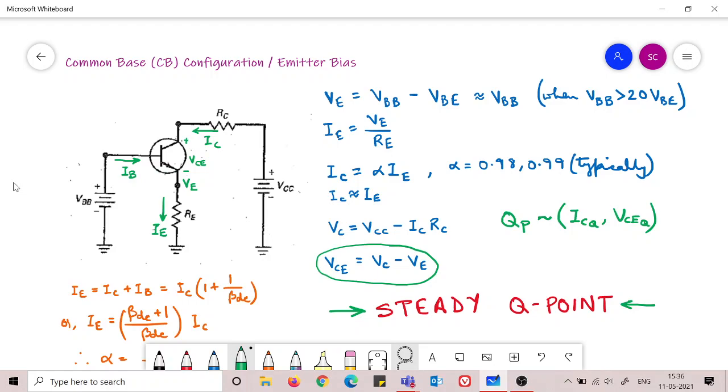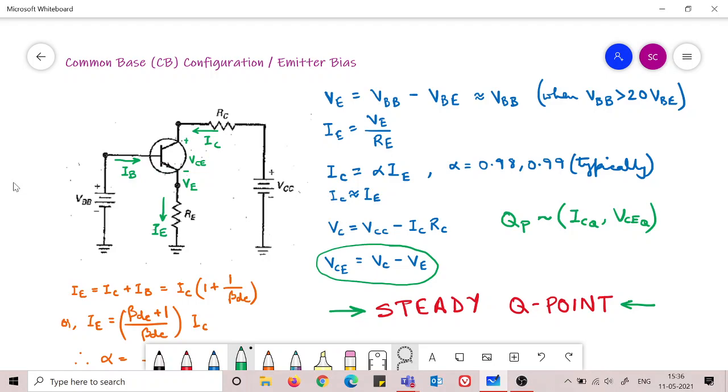Now you see whether, if I change the input, my IC is changing drastically or not. Previously IC was changing 50 times, the beta, right? IB times beta. Now you see that VE is almost equal to VBB divided by RE.